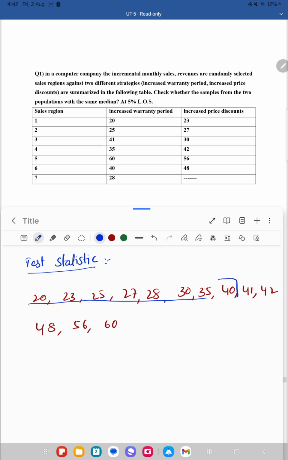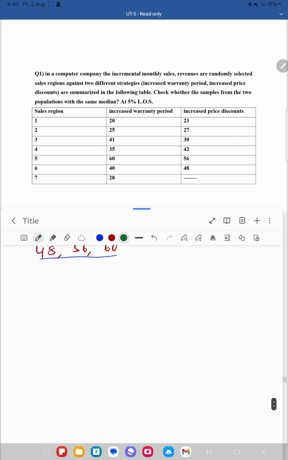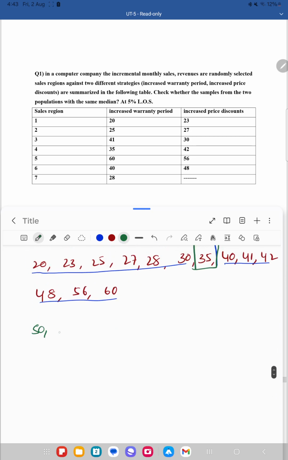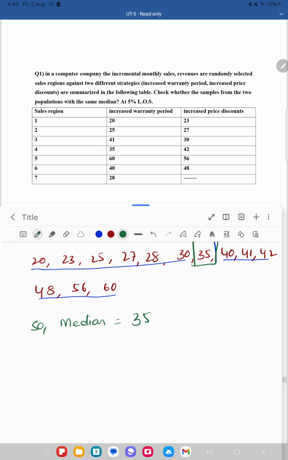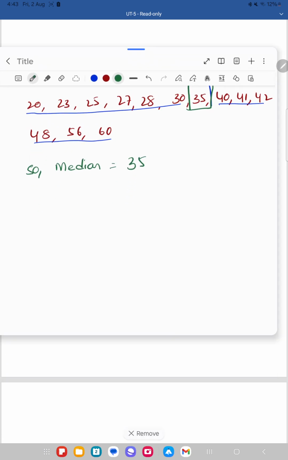If you leave the first 6 and the last 6, then the middle one will be the 7th one. So this is called our median, and the median is equivalent to 35.